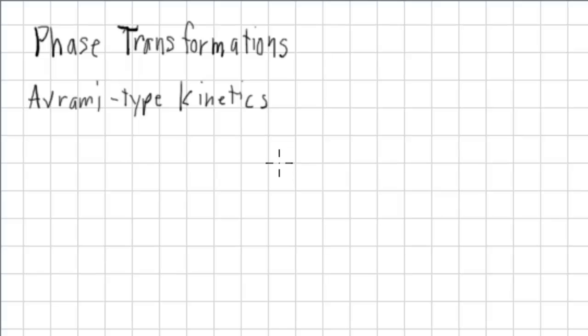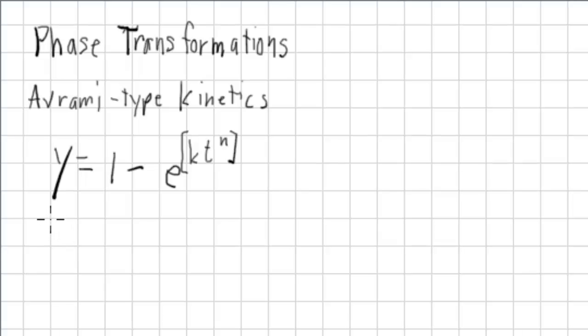Avrami type kinetics follow the formula y equals 1 minus e to the k t, where the t has an exponent n, and this all is an exponent of the e. So what does this all mean?